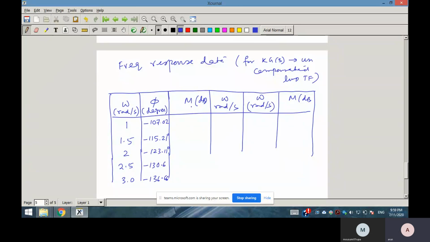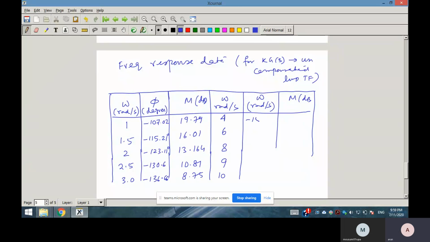You can easily verify using MATLAB that you are getting this gain and phase for the uncompensated system for these frequencies. The gains are 19.79 dB, 16.01, 13.164, 10.81, 8.75. And then 4, 6, 8, 9, 10. Up to 10 radian per second data is given.